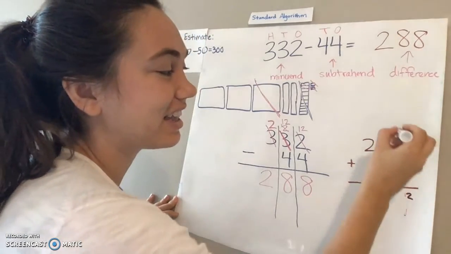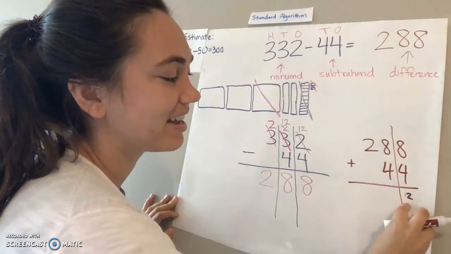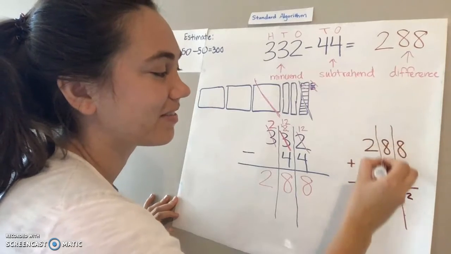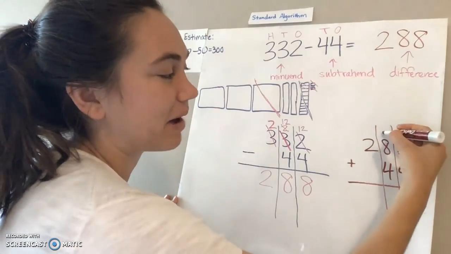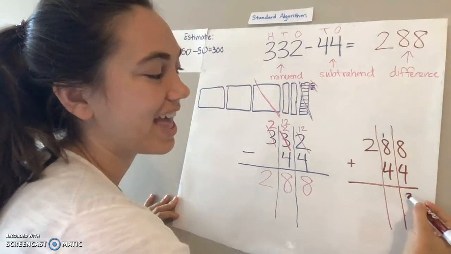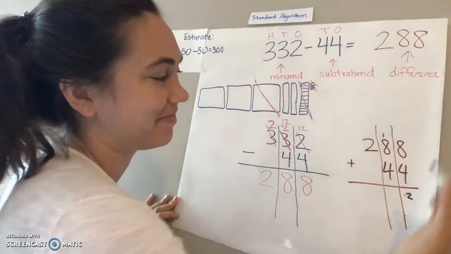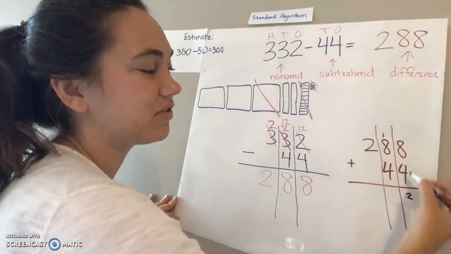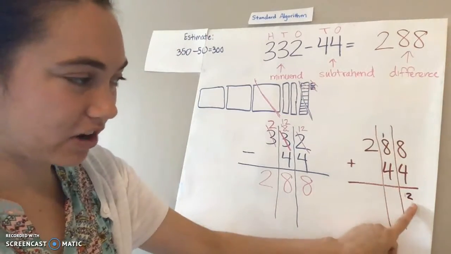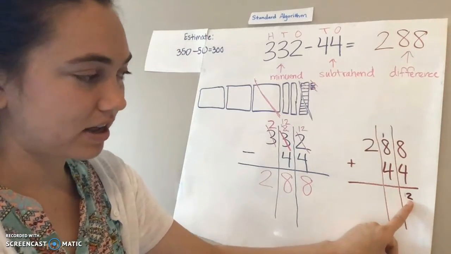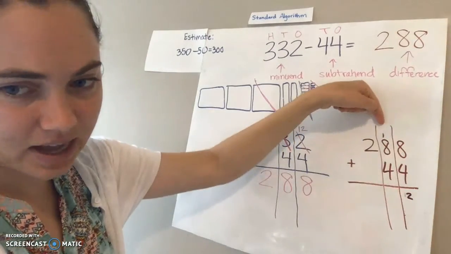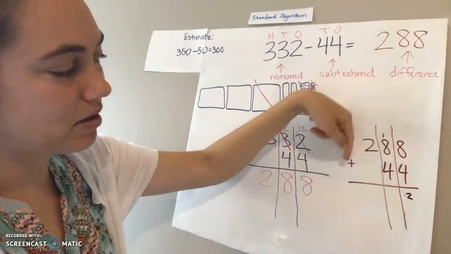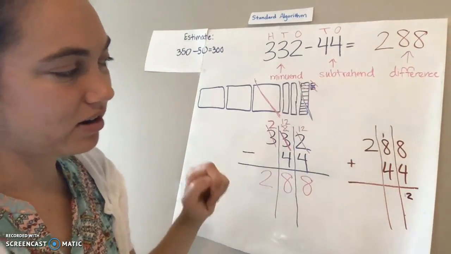Remember, we're only dealing with the ones column. So I'm going to have to regroup and put my 1 over here to show I'm adding a 10. So 8 plus 4 was 12, but remember we can only have one value here. So we kept our 1s and we regrouped our 10s into the 10s column. What's 1 plus 8 plus 4?